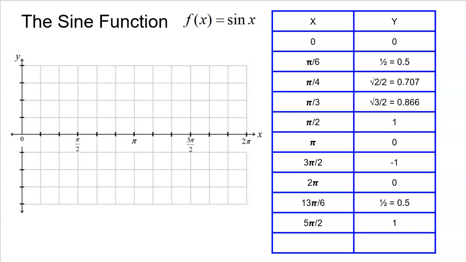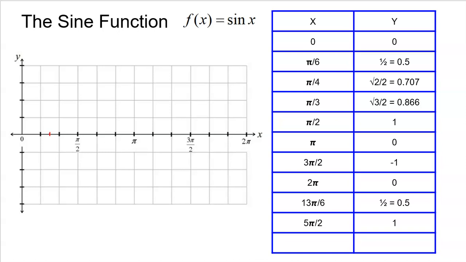So notice that on my x-axis here, I actually have labeled pi over 2, pi, 3 pi over 2, 2 pi. And then obviously there'd be increments. So right here, halfway in between 0 and pi over 2 would be pi over 4, and so forth. Hopefully that makes a lot of sense.